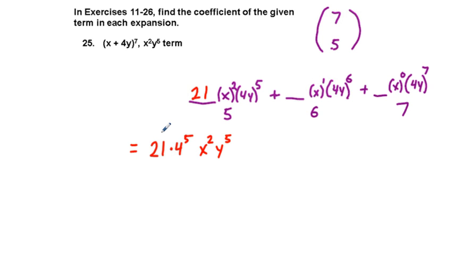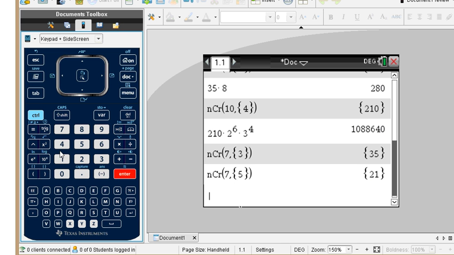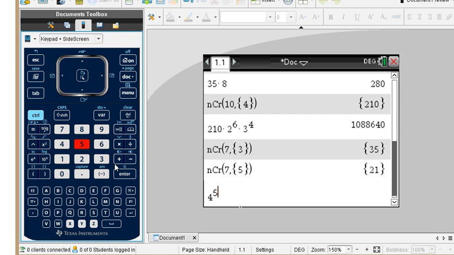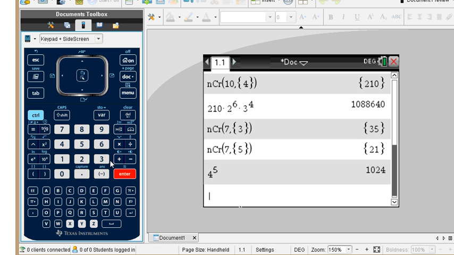So 4 to the 5th power, well, 4 times 4 is 16, times another 4 is 64, times another 4 is 256. So we're probably going to get up to 1,024 times 21. Let me see if that's right. So 4 to the power of 5 is 1,024 times 21.